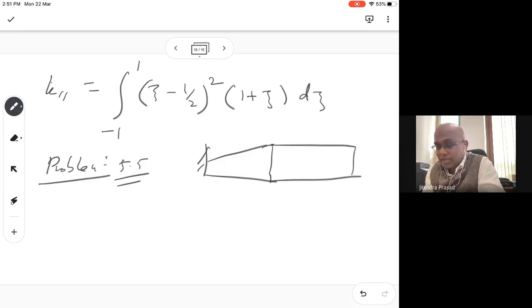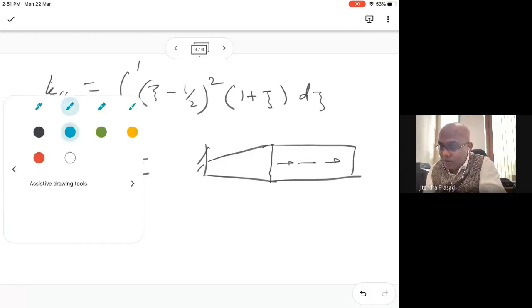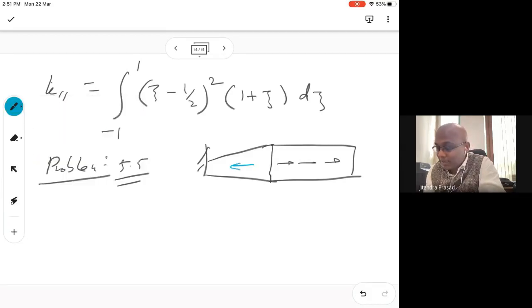You have a body force, and the body force is given as Bx equal to x squared. The first one you have only one force, in the middle somewhere.